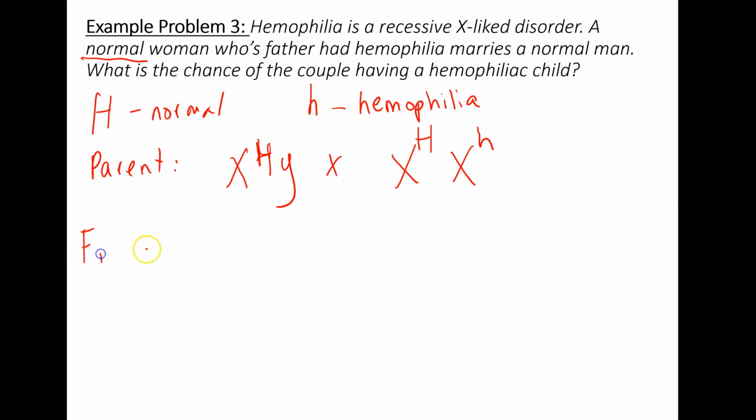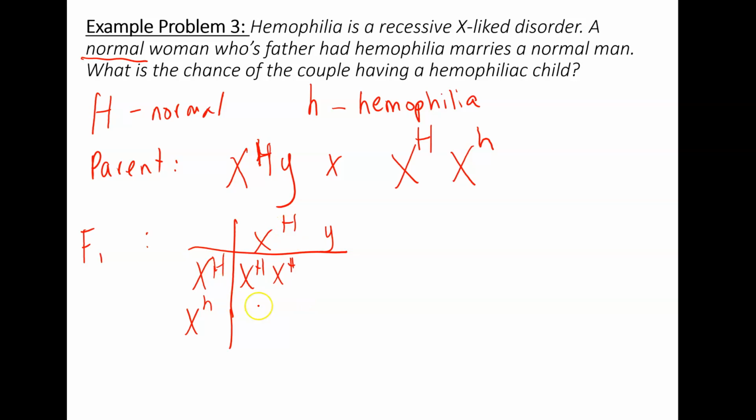So now we're going to do the cross. We're going to put the male on one side and the female on the other side. So we're going to have one normal, a homozygous dominant female, and then one normal male.